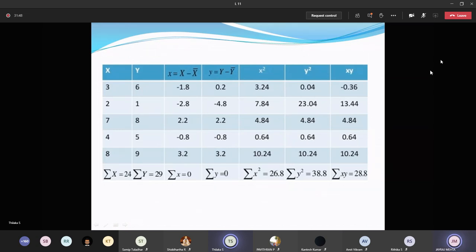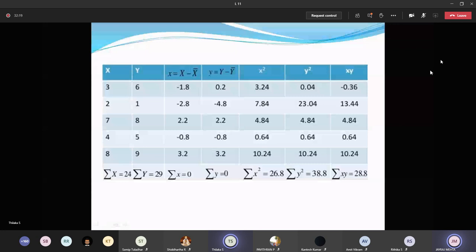First, take the mean of x and y and subtract each and every x and y from the respective mean. Respective variables x and y. Yes. And then that will be small x and small y. And make one column of small x square, another column of small y square, and the multiplication of both x and y.